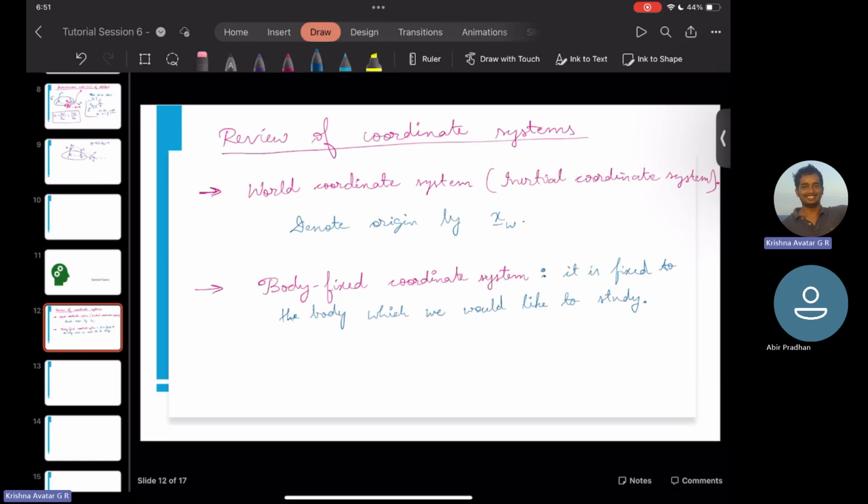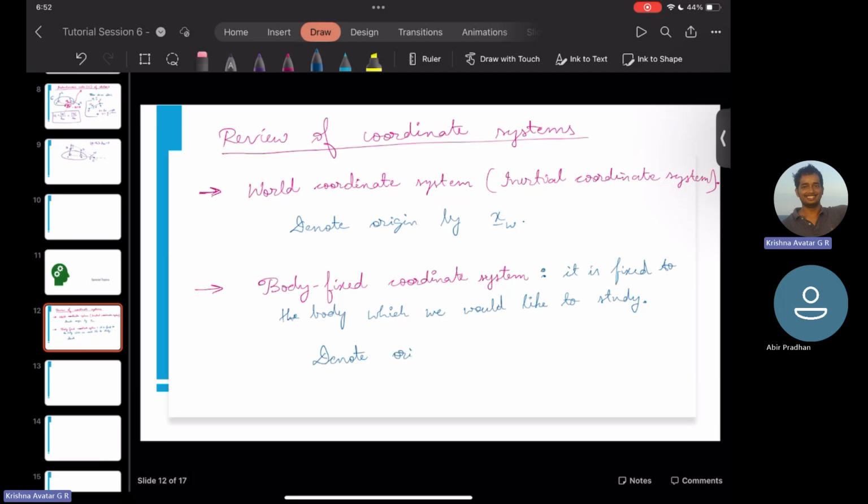And in this case, there are no such conditions on this body fixed coordinate system that it must be inertial. So it can accelerate, doesn't matter. It can be stationary, and it can undergo uniform or non-uniform velocity, doesn't matter, right?